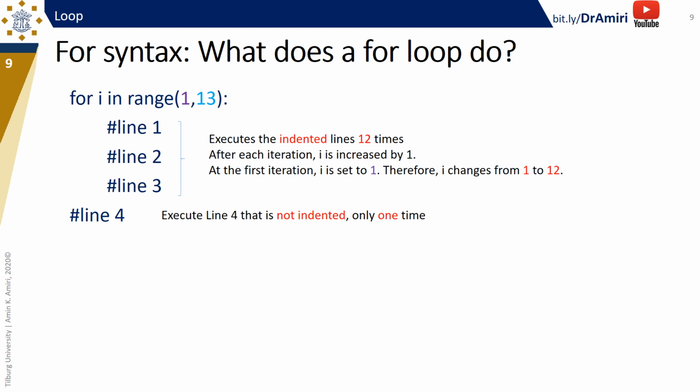Therefore, i changes from 1 to 12, and as a result, lines 1 to 3 are executed 12 times. Note that if a line is not indented like line 4, that line is executed only one time. It's not going to be part of the for loop.